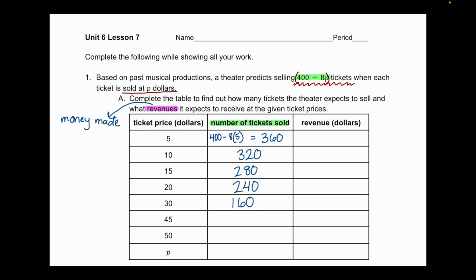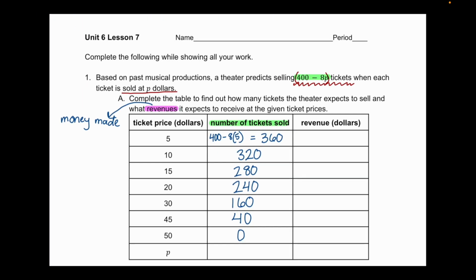So it does go down by 80 instead of 40. 400 minus 8 times 45 will be 40. And then 400 minus 8 times 50 is going to be 0, because 8 times 50 is 400, so it's 400 minus 400.